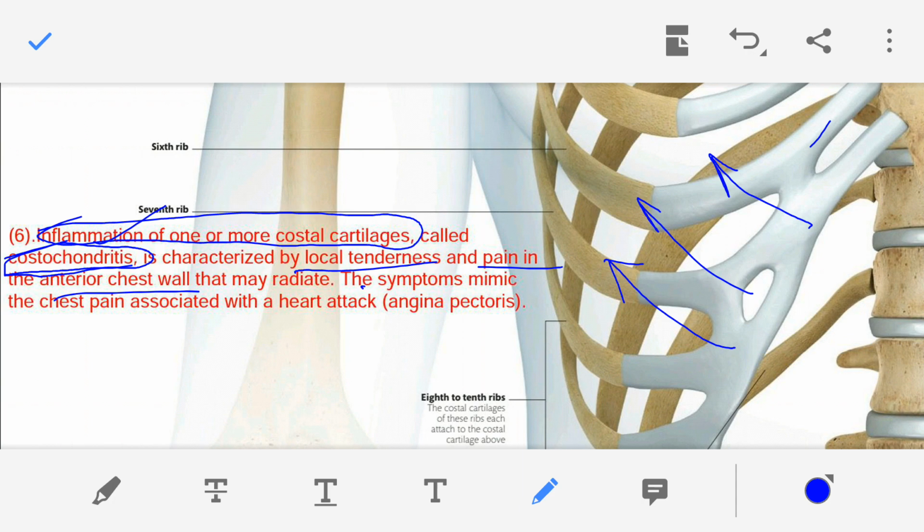So these symptoms of costochondritis mimic the chest pain which is associated with a heart attack. So the person who is suffering from this costochondritis may feel that he has had a heart attack. That much is the intensity of this chest pain.